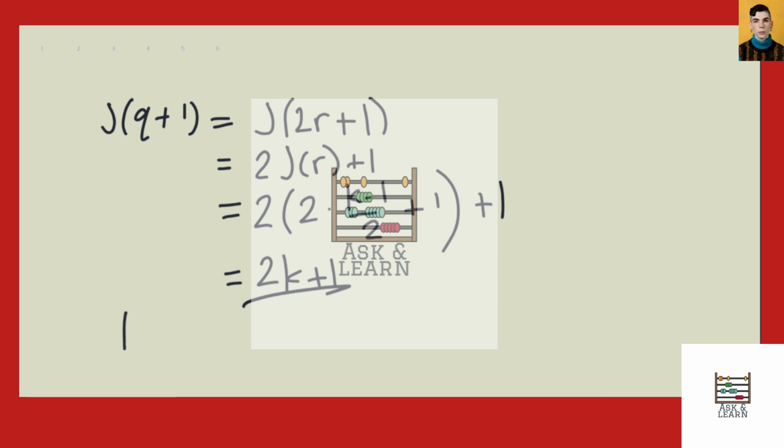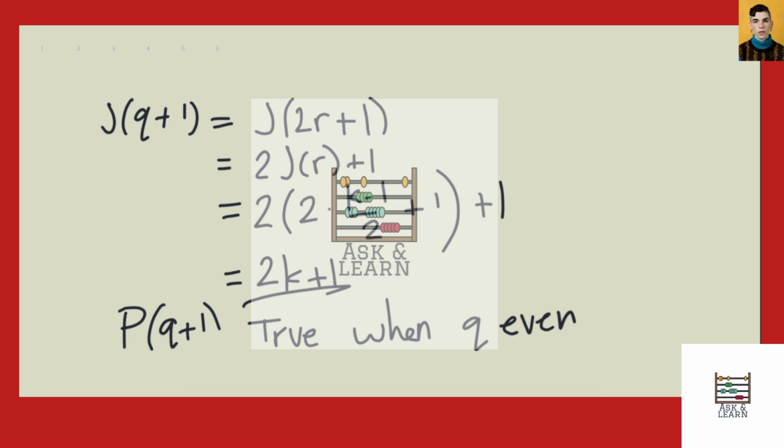So here we have P(q+1) is true when q is even. And since it holds when q is both even and odd, then by induction, P(n) is true for all positive integers n.